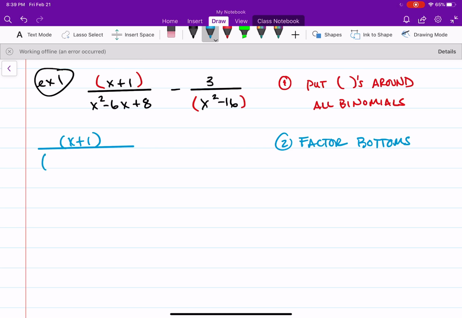So that's going to be an x minus 2 and an x minus 4, minus a 3. And that is a binomial, so difference of two squares. So that's going to be an x minus 4 and an x plus 4. Awesome.